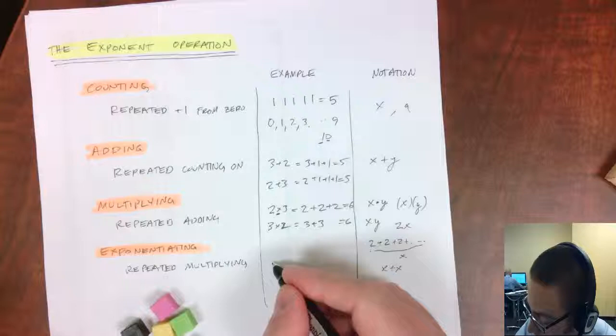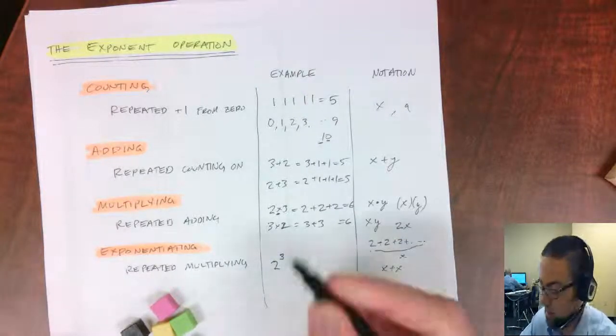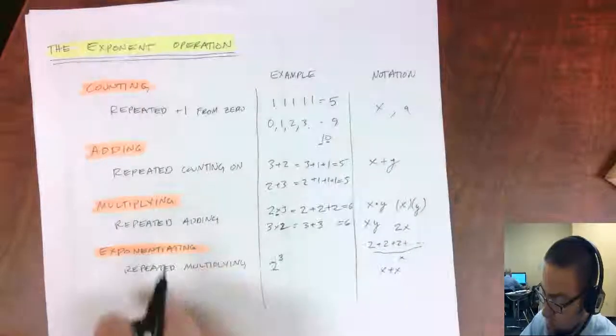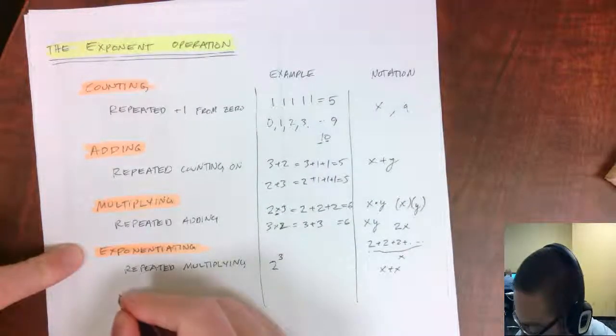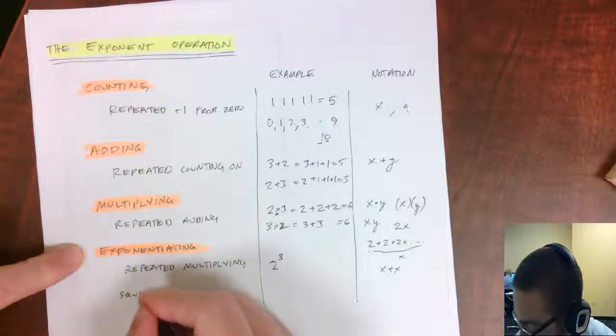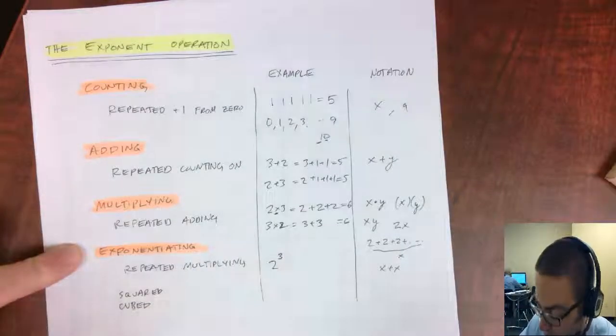So we have something like 2 cubed, and there are 2 special names that are within exponentiating. They're squared and cubed, because they have a unique use in geometry, right?